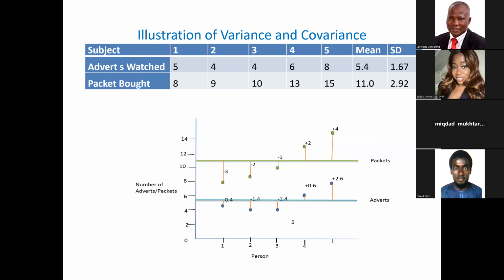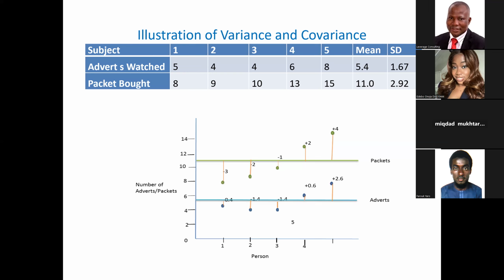So the distance between that value and the mean is minus 0.4. The same thing, look at the second person. The number of adverts watched is 4, and the mean is 5.4, so the difference is minus 1.4.